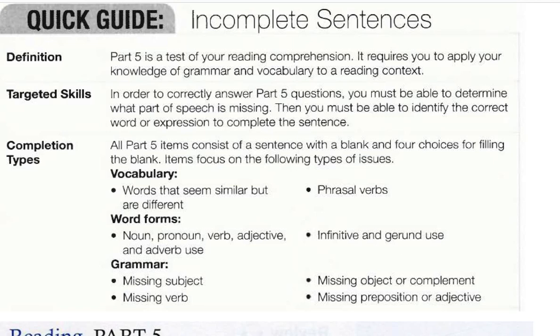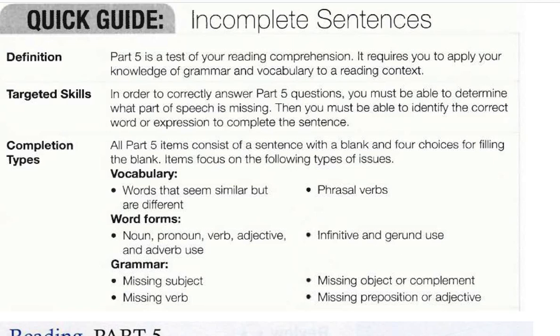Part 5 is a test of your reading comprehension. It requires you to apply your knowledge of grammar and vocabulary to a reading context. In order to correctly answer Part 5 questions, you must be able to determine what part of speech is missing. Then you must identify the correct word or expression to complete the sentence. All Part 5 items consist of a sentence with a blank and four choices for filling the blank.